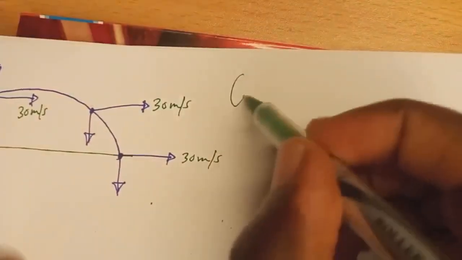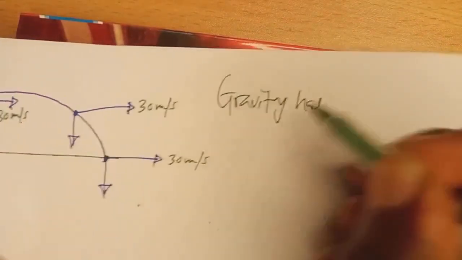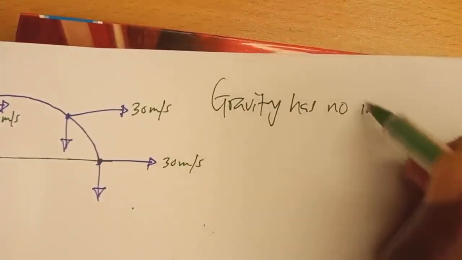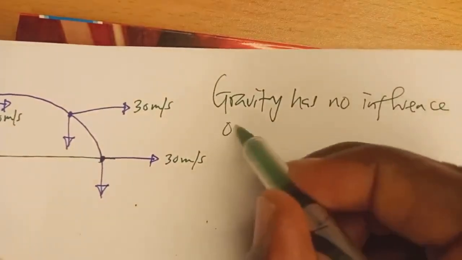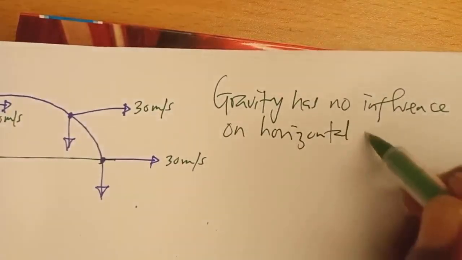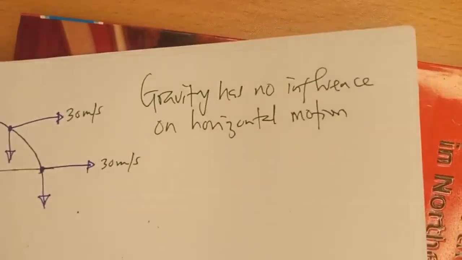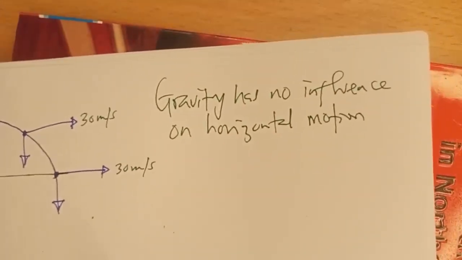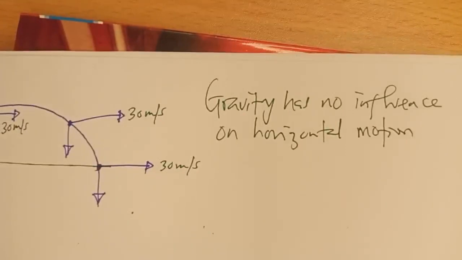I say the reason is that gravity has no influence on horizontal motion, and this is why your horizontal velocity remains constant. Please don't forget, this one is also important.